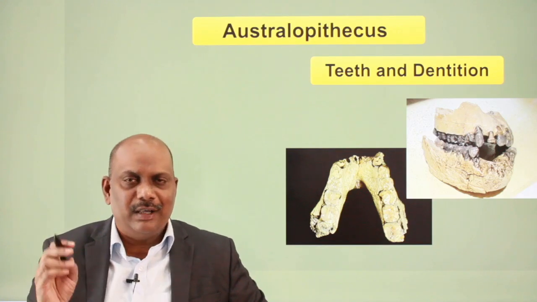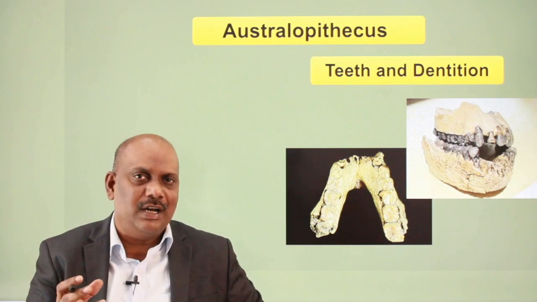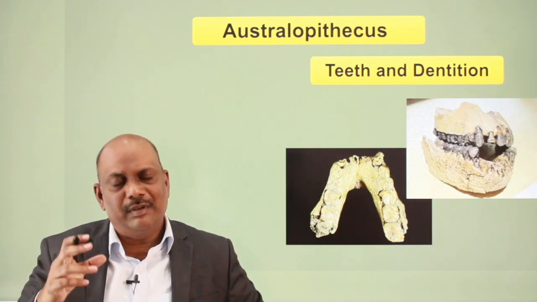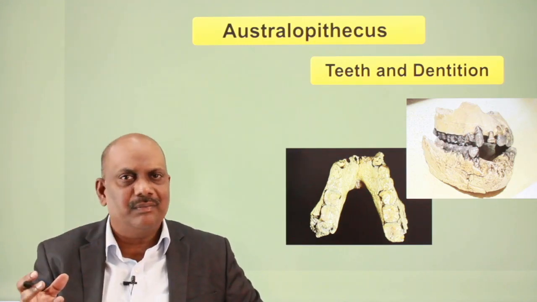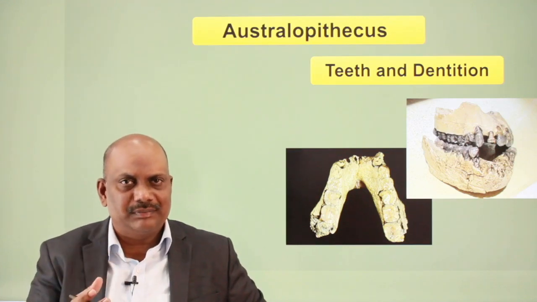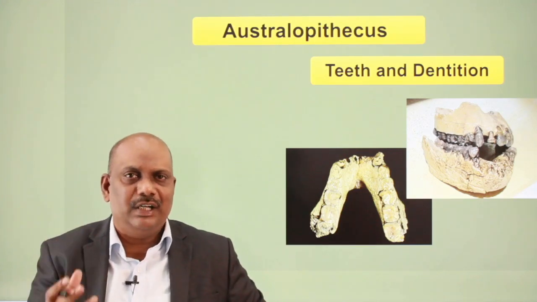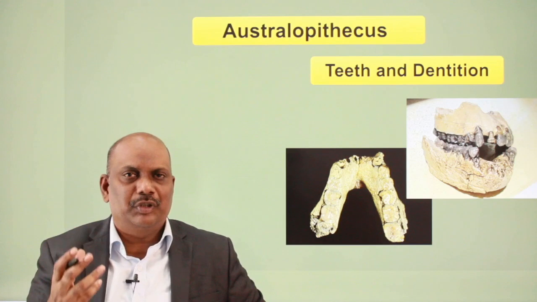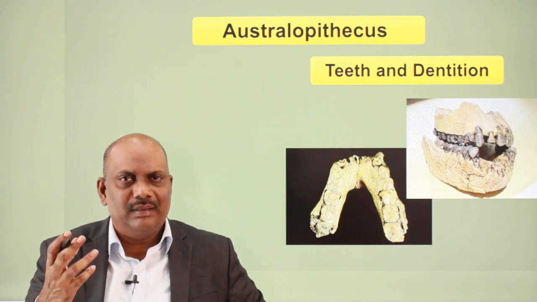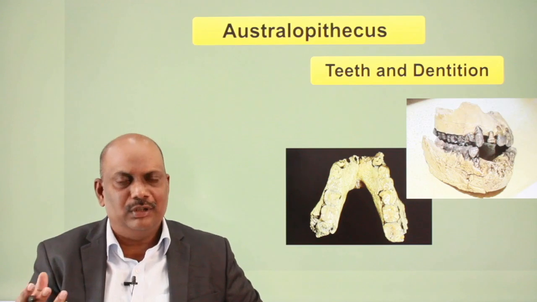It is by studying the dentition that we were able to understand that robustus were purely vegetarian, and gracile were omnivorous. And further, we also know that because of the gigantic proportions of the robust, it couldn't adapt to the changing climate, to the changing environment.